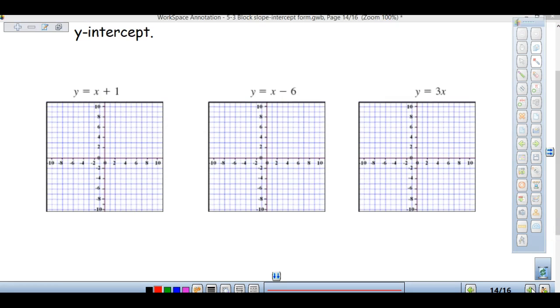Okay, so what's my starting point? 1. I start at 1. And what's my slope? My slope is 1, so that means I do what? Up 1 over 1, up 1 over 1. Once I have 3 points, I can draw my line.